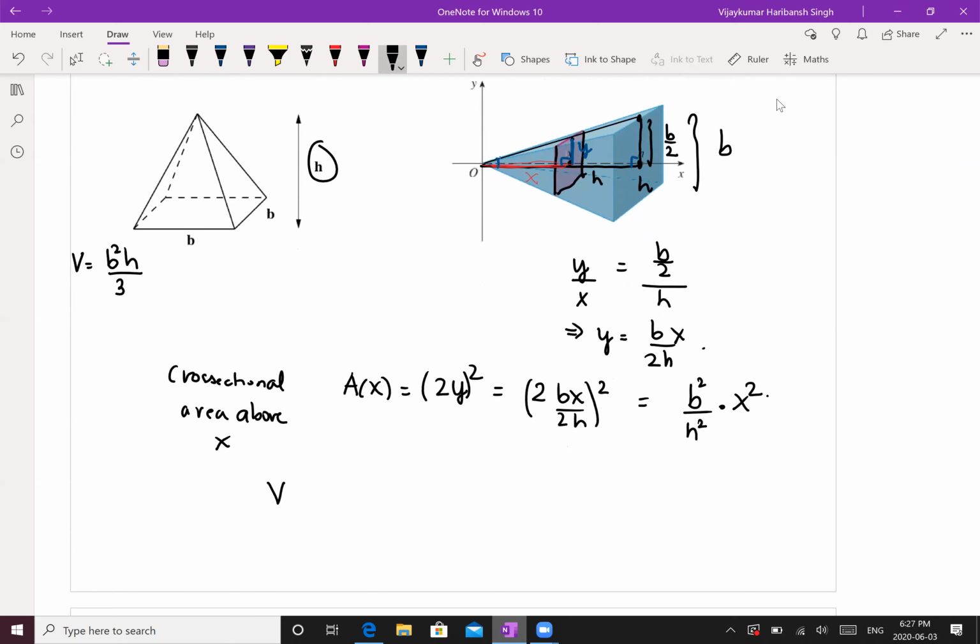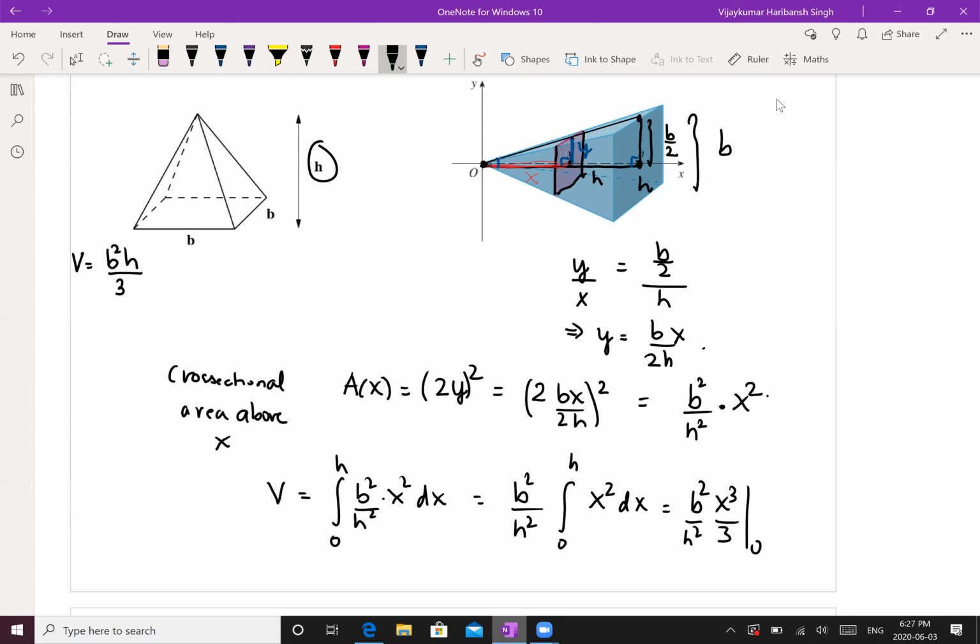So therefore the volume is given by the integral from 0 to h, because x is going from 0 to h. The area of cross-section is b square by h square times x square dx. Now you can take out the constants. b and h are constants, so they come out. Integration 0 to h of x square dx is x cubed by 3, from 0 to h.